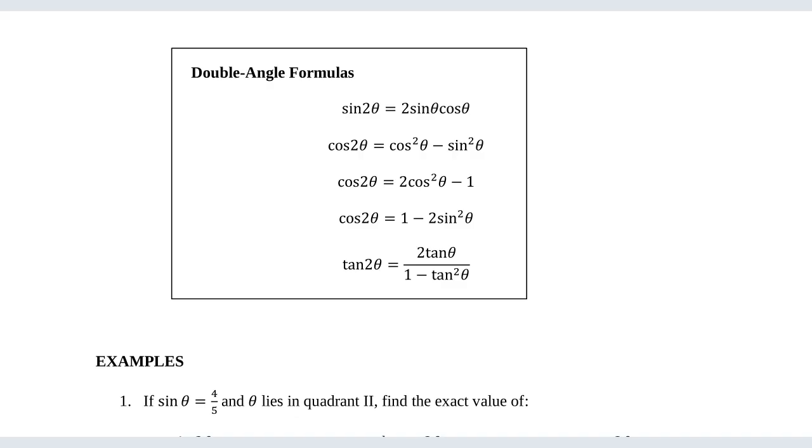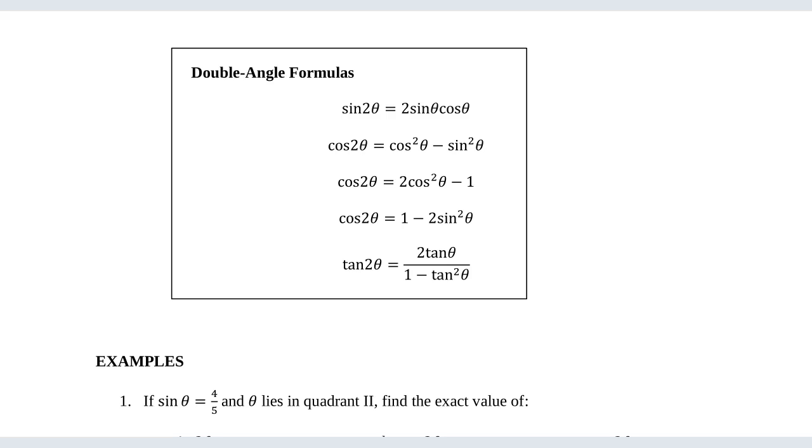This is extremely useful because it allows us to determine trigonometric values for larger angles using information about smaller angles. So as we work through this example, pay attention to how information about one angle can help us determine values for its double angle.